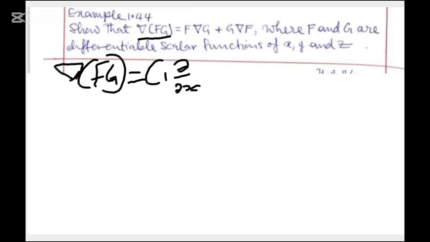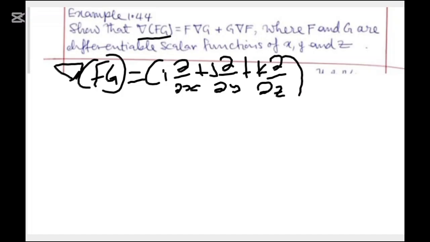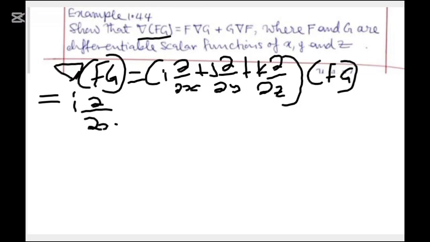This is for i plus j, which is y, plus 4k, which is z. Then I have to say multiplied by fg. So this should now be equals to 4i by x.